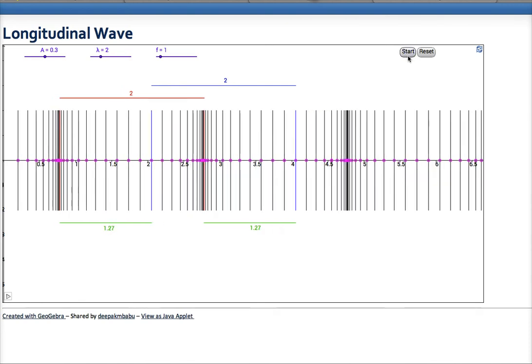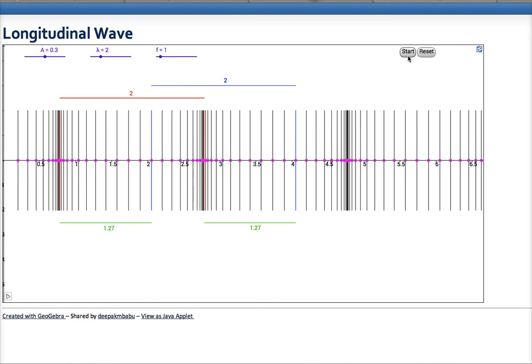Okay, now can you see that the red line on the extreme left and the second red line, these are the vertical red lines I'm talking about, are right in the middle of two compressions? Do we agree with that? And can you see that the distance between those red points is still 2 meters? That's equal to the wavelength of the longitudinal wave.